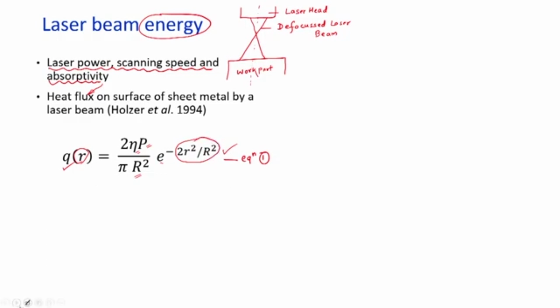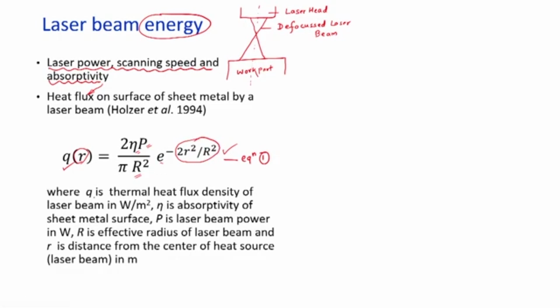So, let us see the meaning of this. As I have just said, q is the thermal heat flux density in watt per meter square. Nu is the absorptivity of the sheet metal surface, P is the laser beam power and R is the effective radius of the laser beam, whereas r is the distance from the center of the heat source.